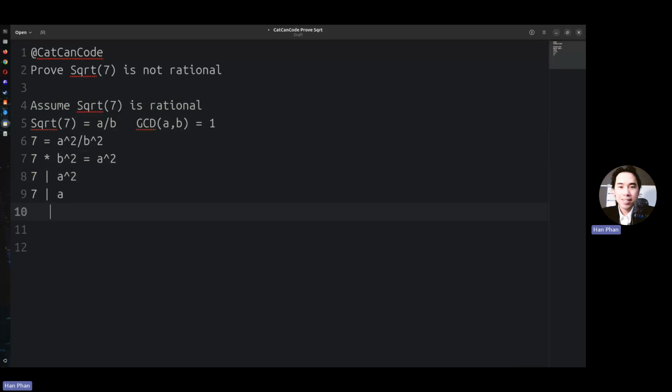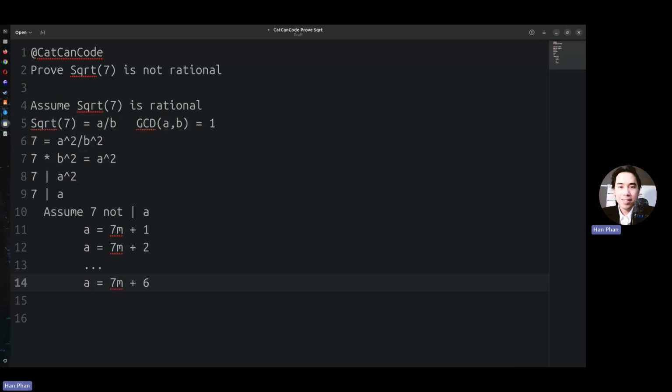To prove 7 divides a, we assume that 7 does not divide a. We assume the opposite. So when 7 does not divide a, there are 6 situations. Either a equals 7m plus 1, or a equals 7m plus 2, or a equals 7m plus 6.